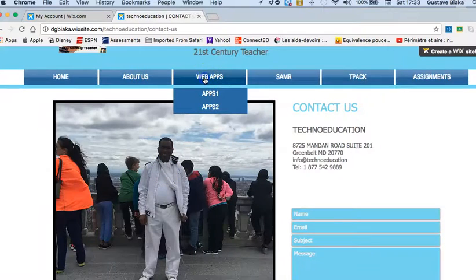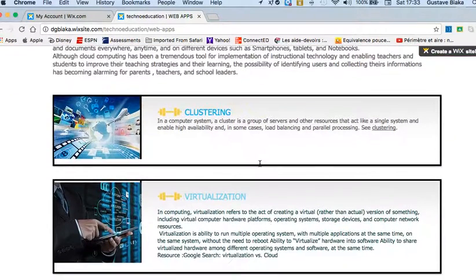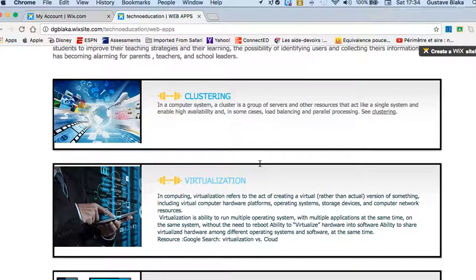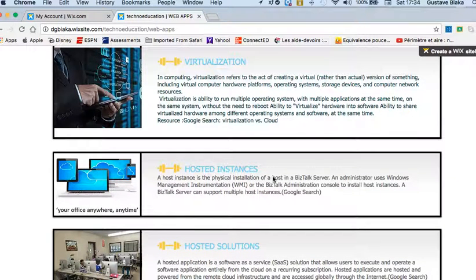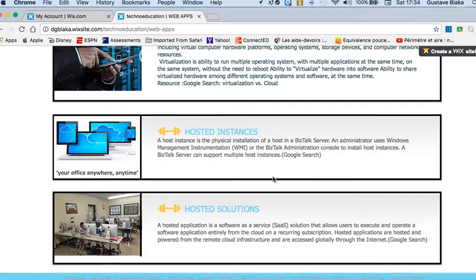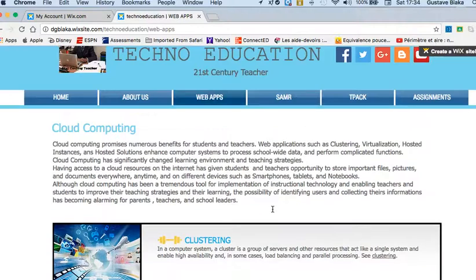From there, I had to talk about cloud computing. We talked about cloud computing, and we have four kinds of computing: clustering, virtualization, hosted instances, and hosted solutions, and I explain here too.